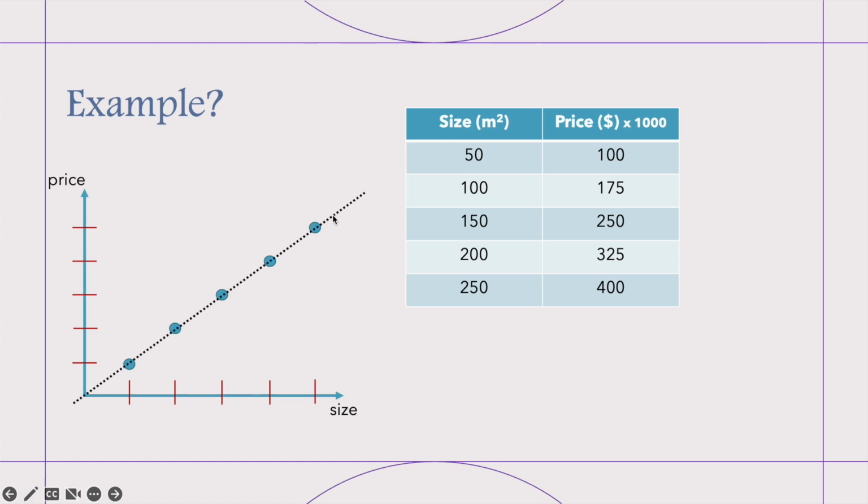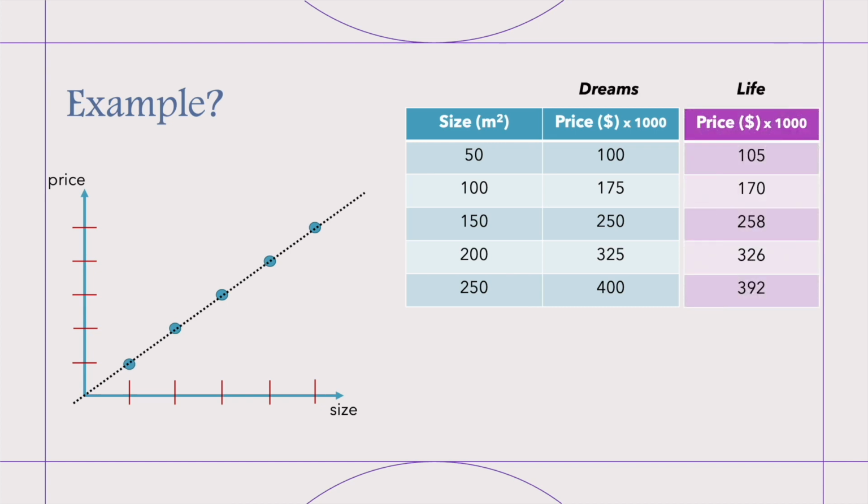But of course, this is not real life. This is a dream, but in real life, the values will not be perfect like this, right? Let's say this is our real life data. If you plot this real life data, we will see something like that, the purple ones.